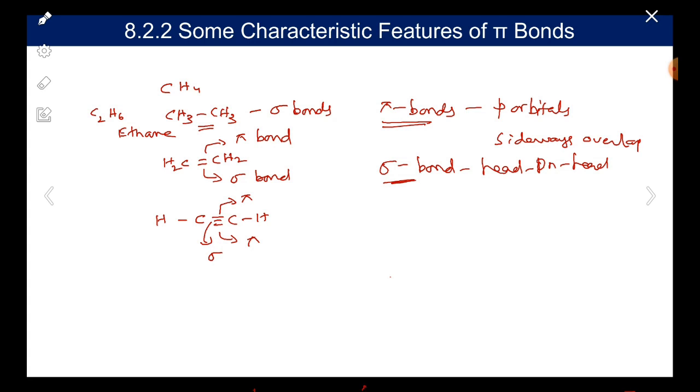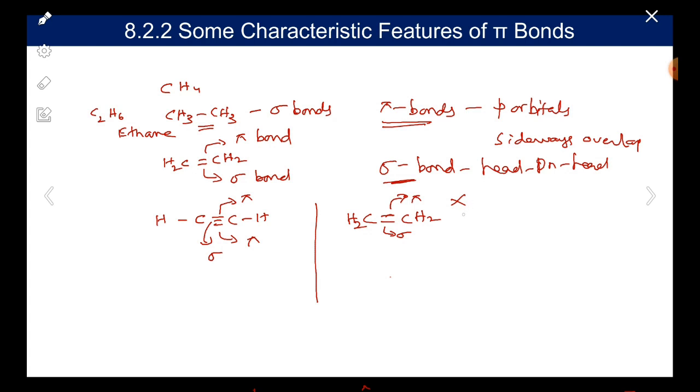Let's say you are given ethene. When I try to attack this molecule with any reagent, let's say X, which bond will be broken? Let's imagine this is sigma bond and this is pi bond.